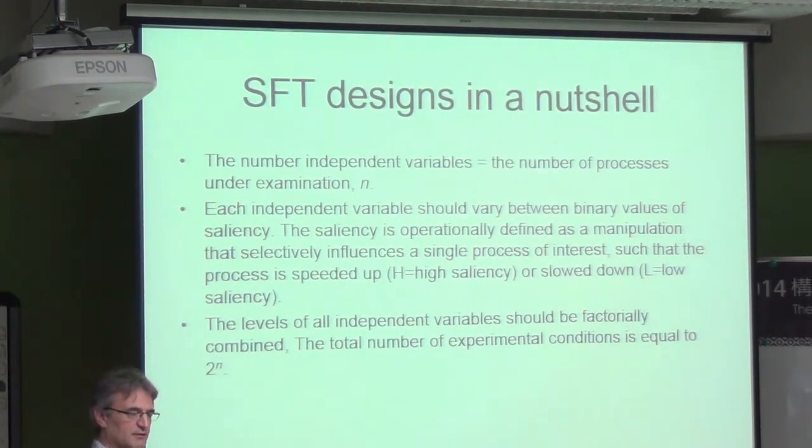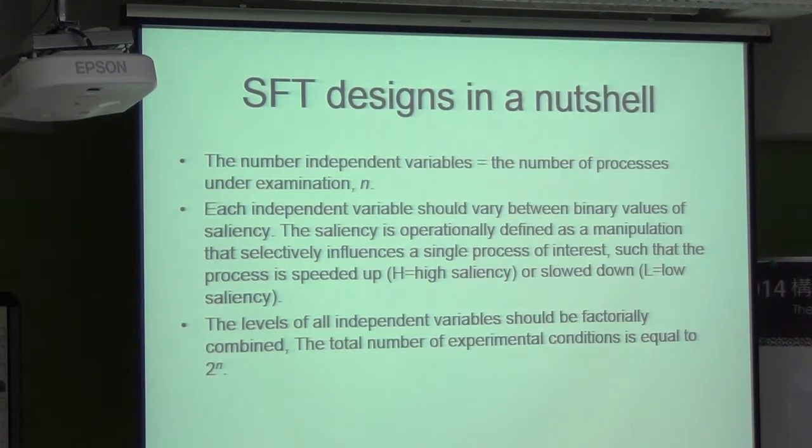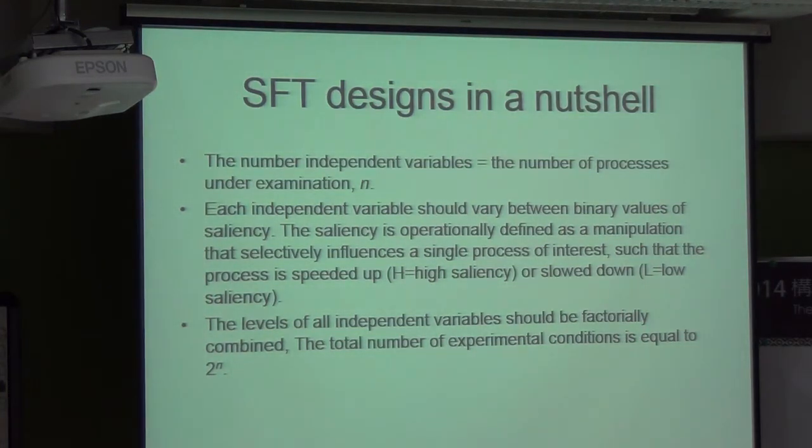What kind of stopping rule, terminated or exhaustive? Are these two processes independent or not? So you need to have in the design two independent variables. This is the first thing, at least two. So two independent variables for two processes, three independent variables for three processes.